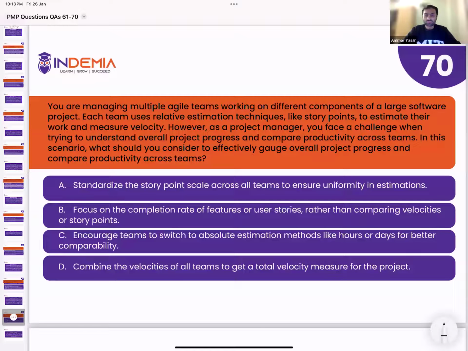You give flexibility to team, and different teams, they have their own relative measures. We cannot standardize them. If we standardize them, then there is no point of having different teams. Then it should be like one team is working as a whole in the project. So the idea of having different teams who are working on different elements of the product according to their own rules, according to their own experience. So that's why we divide the work into different teams.